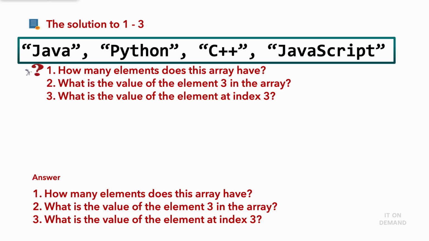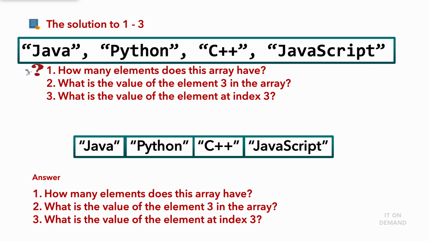All right, welcome back. I hope you took some time to practice or took some time to find the solution to the question. We have Java, Python, C++, JavaScript. How many elements does this array have? First, we want to organize this in a row by breaking it up, right?